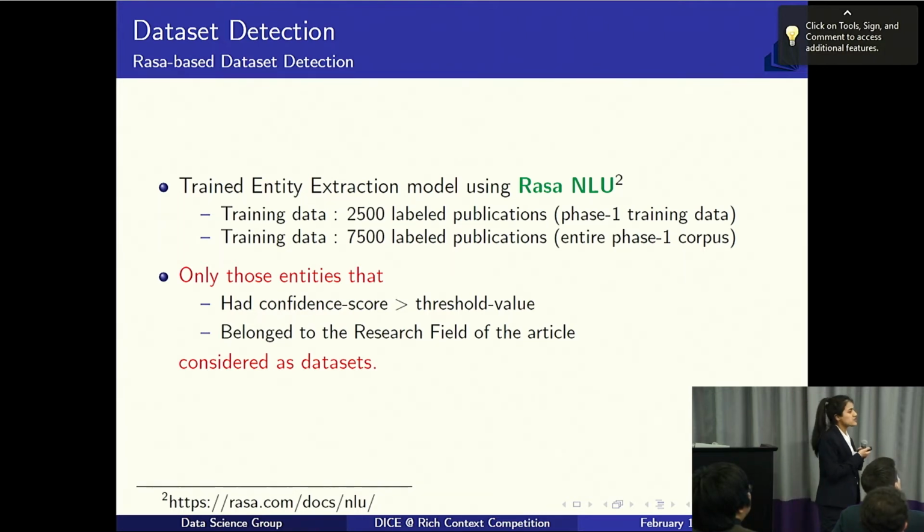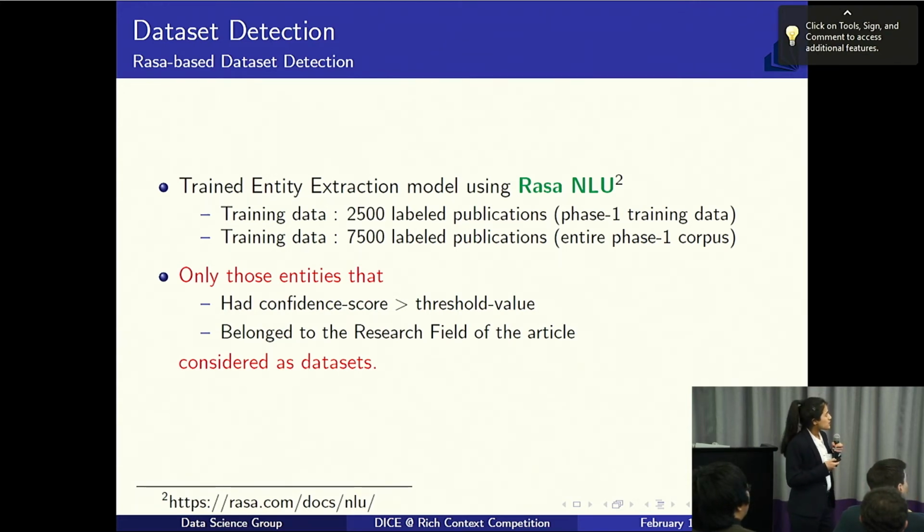Now, once the model was generated, we used this model to find entities in the pre-processed publication text, and only those entities were considered as datasets that had a confidence score greater than a certain threshold value, and those that belonged to the research field of the article.